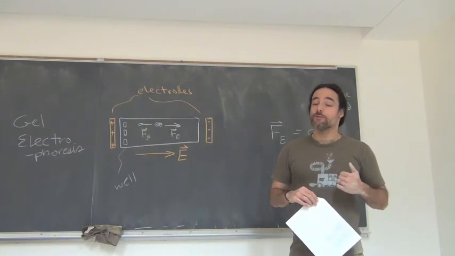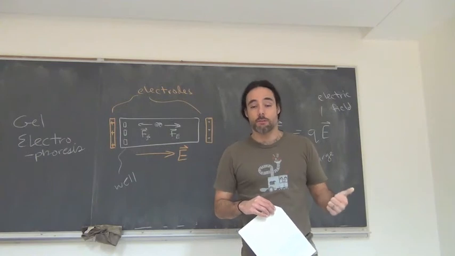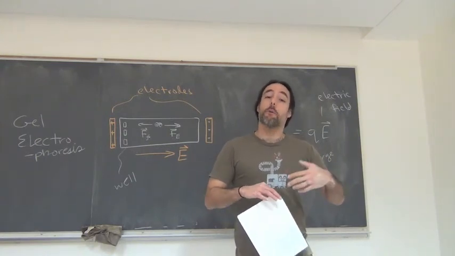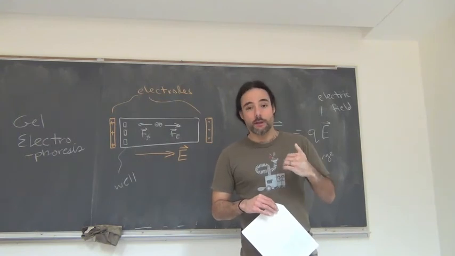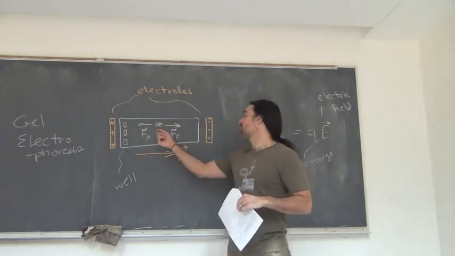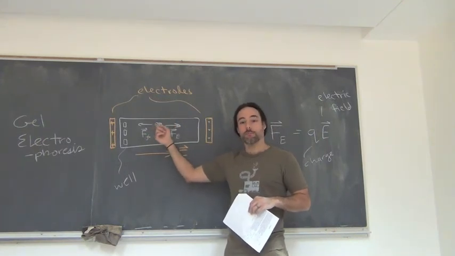Now, that frictional force is going to depend on a few things, one of which is how fast the molecule is moving, another of which is how big the molecule is. So if you have a larger molecule, it's going to have a more difficult time making its way through the gel.